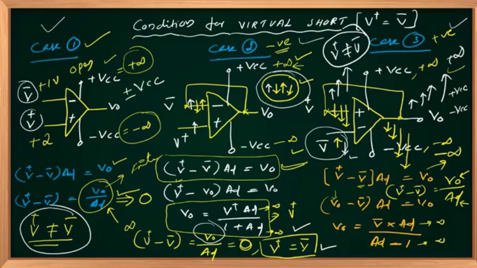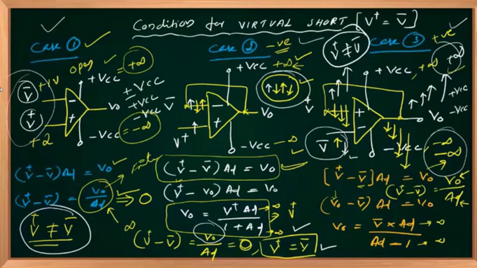If V plus is larger, it will be at plus VCC. If V minus is larger, it will be at minus VCC. Or the other way, we will say that in circuit number 1 and circuit number 3, the output signal is saturated at either plus VCC or minus VCC, depending on the polarity of V minus and the values of V plus and V minus.